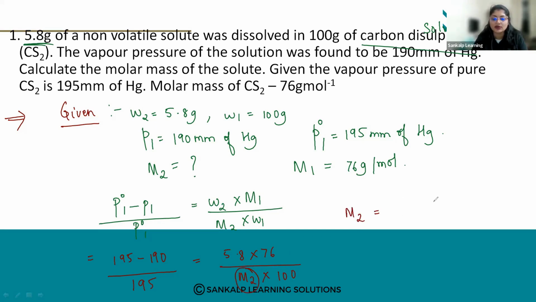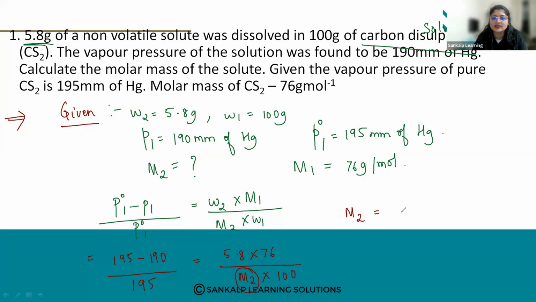195 minus 190 is 5, so 5 divided by 195.